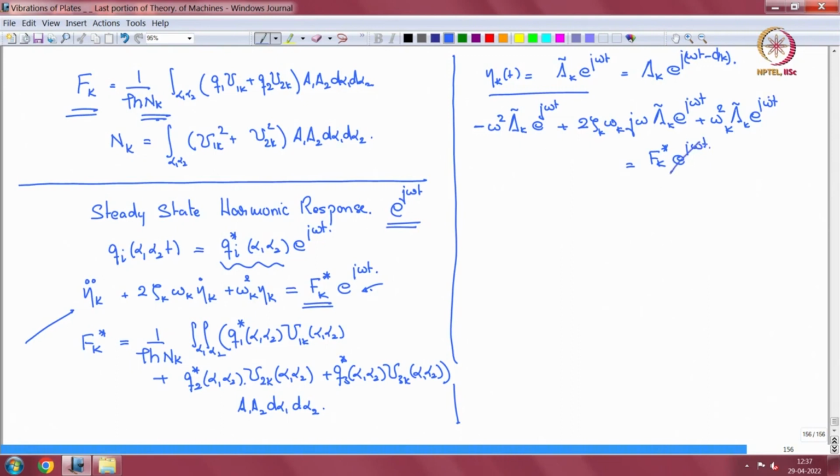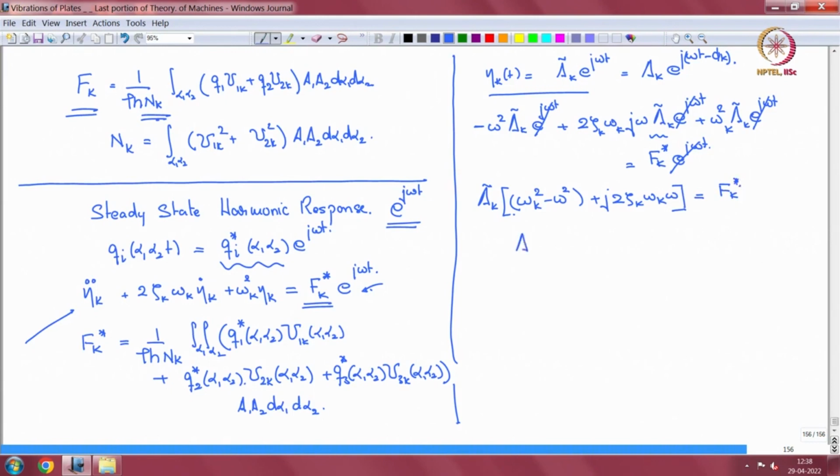E to the power j omega t cancels, and gamma k tilde is common, so I get gamma k tilde times omega k square minus omega square plus j twice zeta k omega k omega, is equal to f k star.